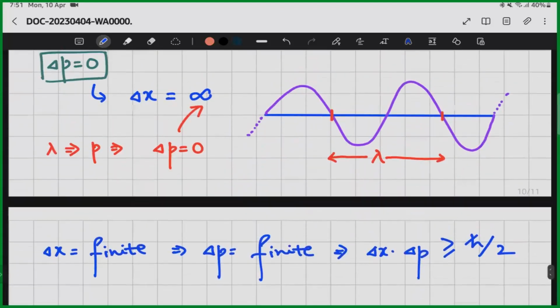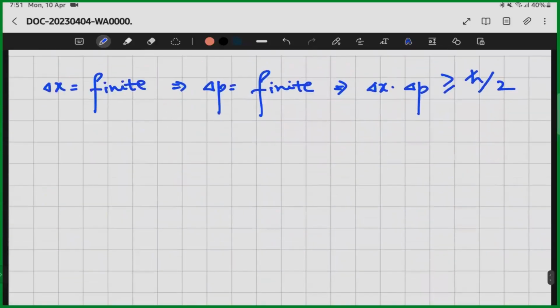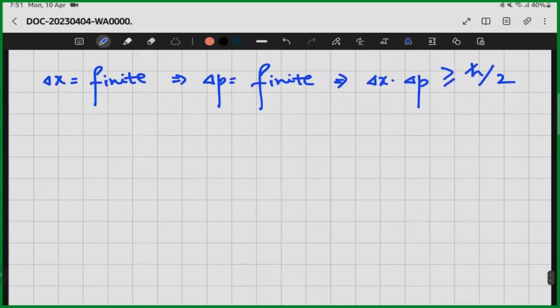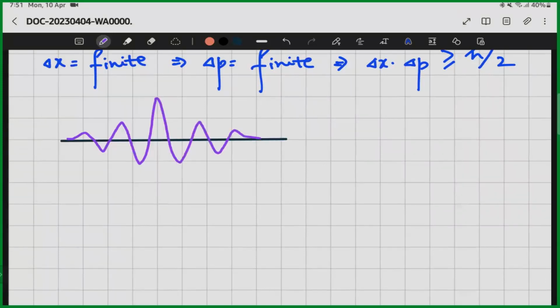If del p is 0, then del x will be infinite. But in general, del x is finite, and if del x is finite, what will be the form? Something like this. It has to vanish here. Then only we can say that del x is finite.